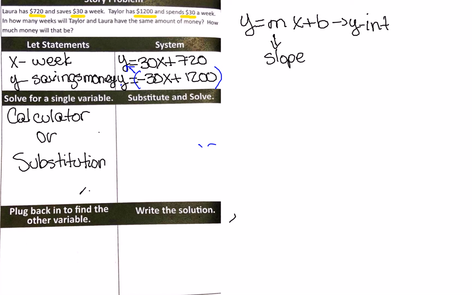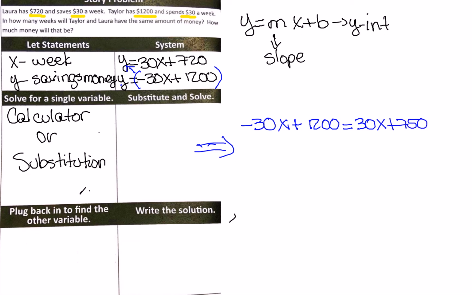And let me just do it here because I will have more space. So it will be negative 30x plus 1,200 equals 30x plus 750. And then I just have to solve for x.